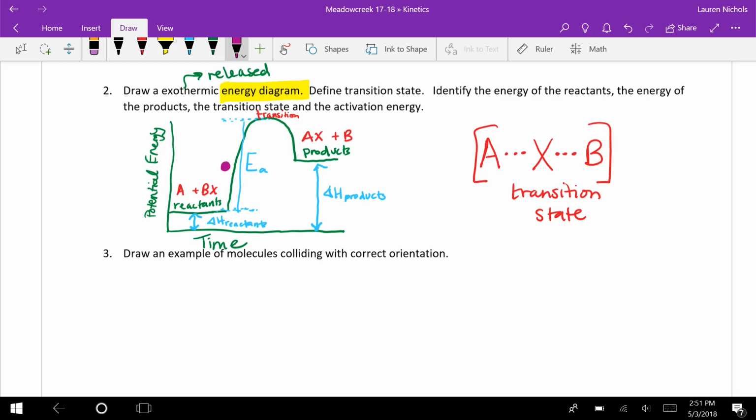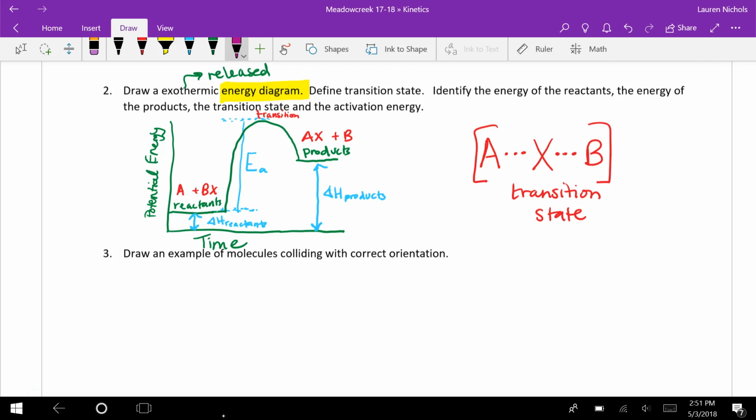If I kick the ball and it only goes halfway up right here, then it will fall back down on the reactant side, right? In order to turn the ball into the product, you have to give it enough energy to make it get up to the transition state and begin to roll down the other side, okay?